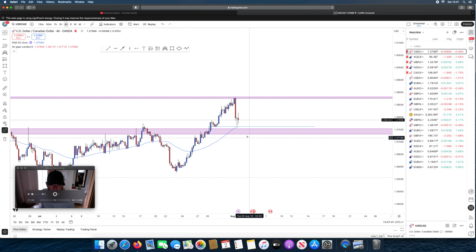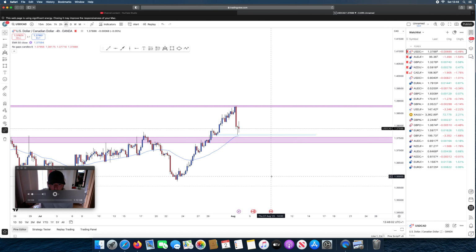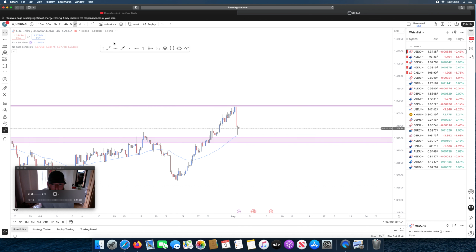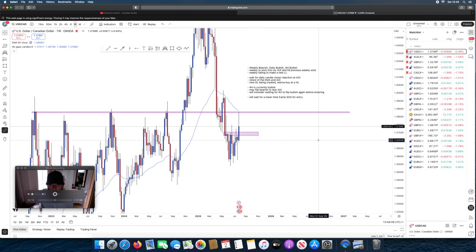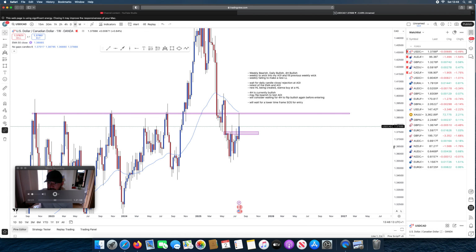So possibly we'll be looking for a 4H to flip bullish again, and then as it comes to make the new, what will be, higher low, I'll be looking for a shift in structure in that higher low that it's creating to then continue back up. So yeah, I think that's everything on USD CAD.